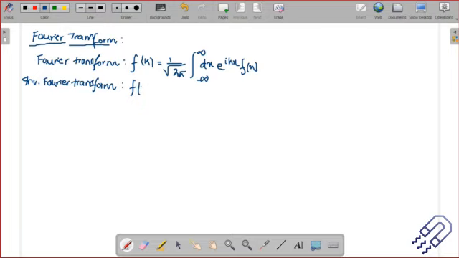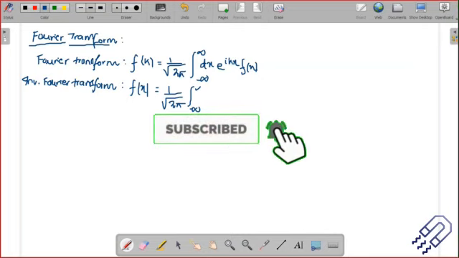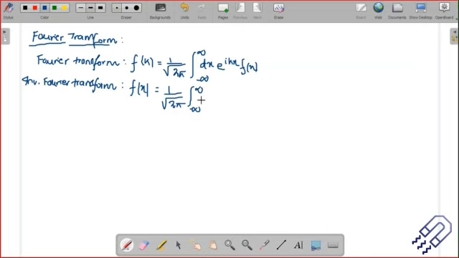We have x, so this side it will be f(x), and on this side I can write 1 divided by root over 2 pi, integration from minus infinity to plus infinity. In place of dx it would be dk, e to the power minus i k x, since we're talking about the inverse here, and then this would be f(k). That's called the inverse Fourier transform.